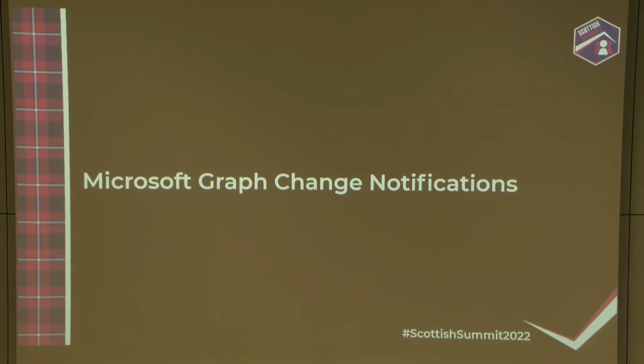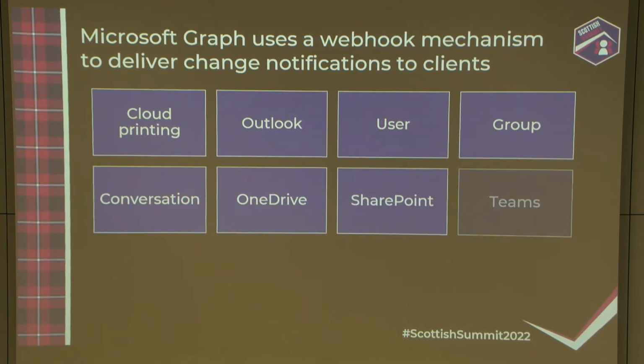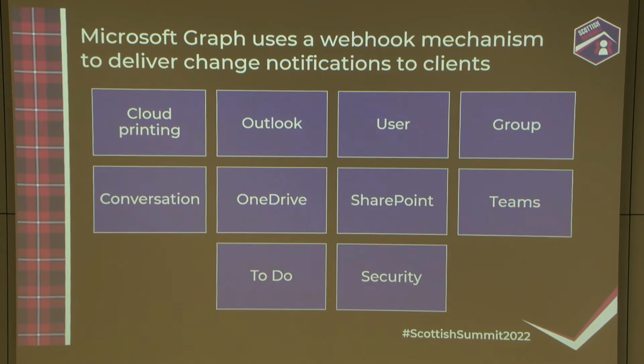Microsoft Graph change notifications have been there for many years, and they use a webhook mechanism in the background, so you can receive changes anytime if new data is coming, or the data is updated, or something is deleted. By using Microsoft Graph change notifications, you can receive notifications when there's a change in the data set.